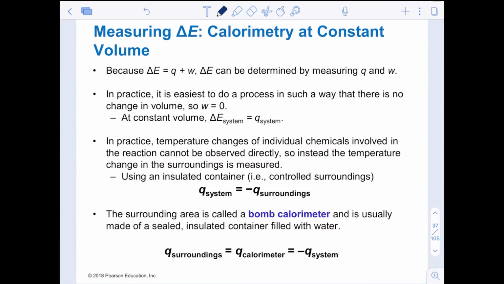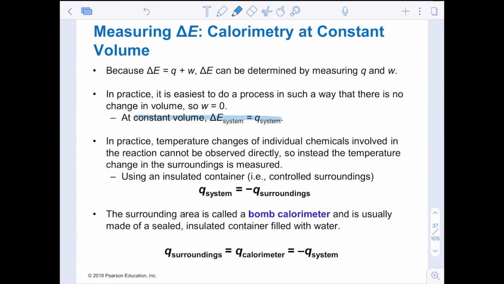Okay, so at constant volume, we are talking about energy of the system directly being related to the Q of the system. In practice, temperature changes of individual chemicals involved in the reaction cannot be observed directly. So instead, the temperature change of the surroundings is measured. We can't take a thermometer and go straight into a system like a molecule or a bond.